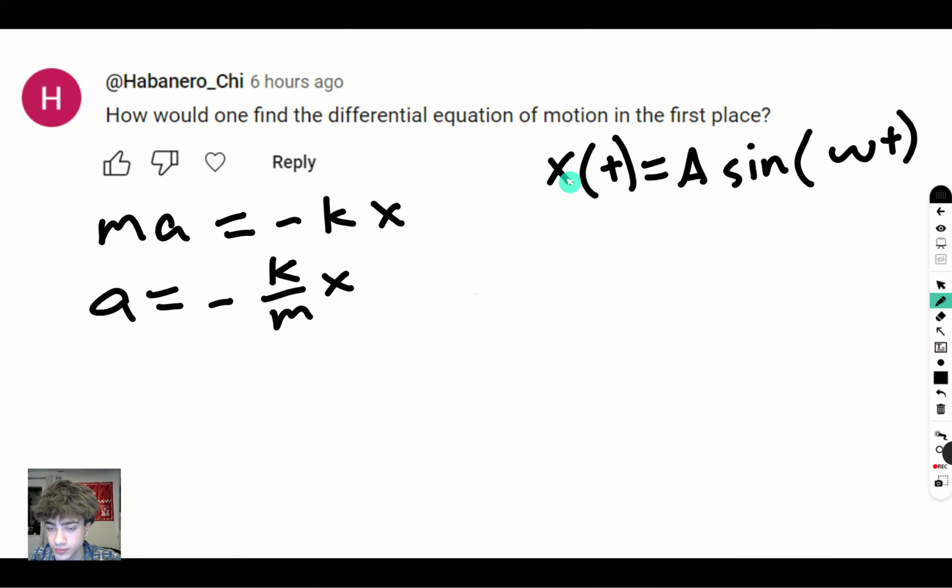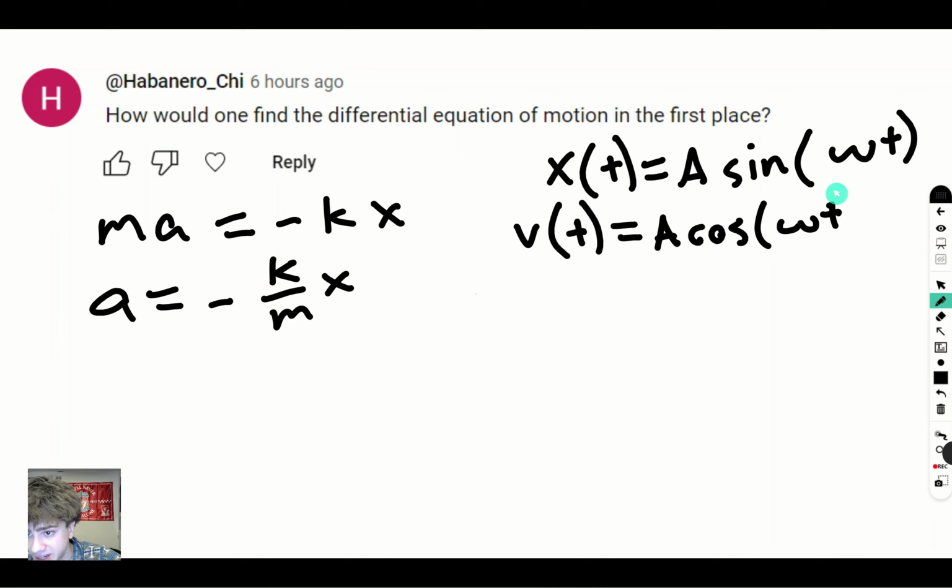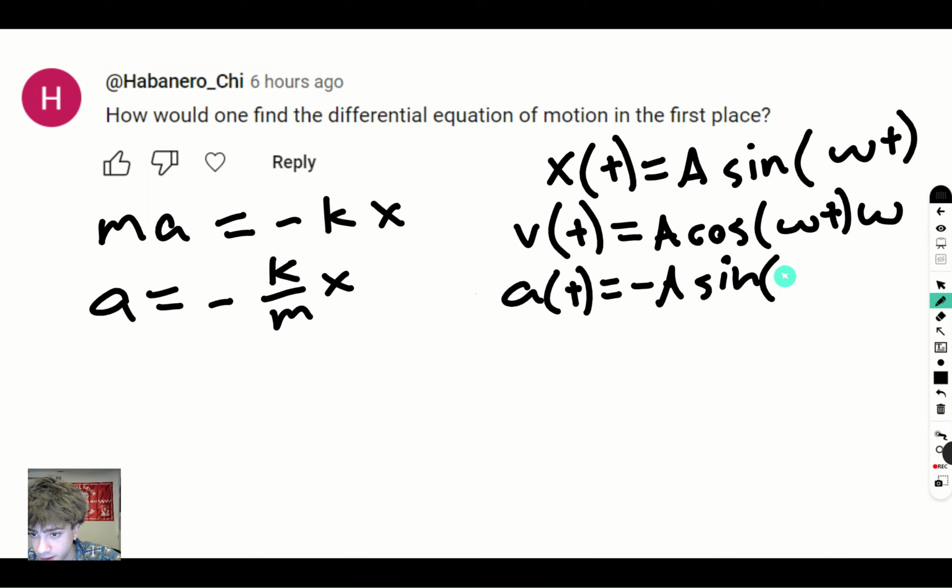And so from here we can find our acceleration by taking two derivatives. We know that acceleration is the second derivative of position, so let's do that really quickly. The first derivative will give you v of t, which will be A cosine omega t times the derivative of the inside here, which will be omega, and taking the derivative again will give you negative A sine omega t times the derivative again, which is omega, times the omega we had from the velocity equation, omega squared.